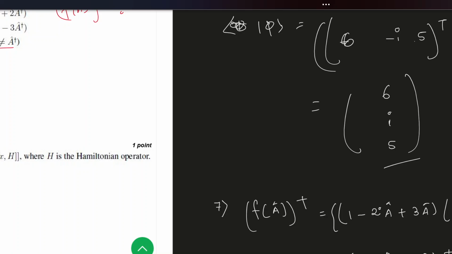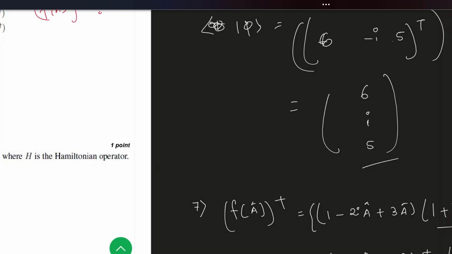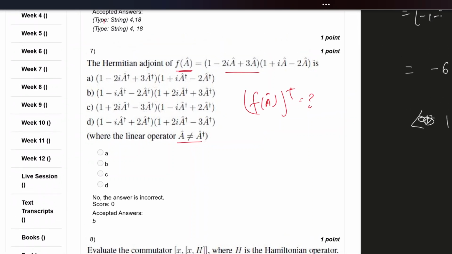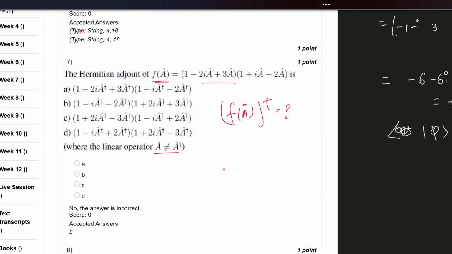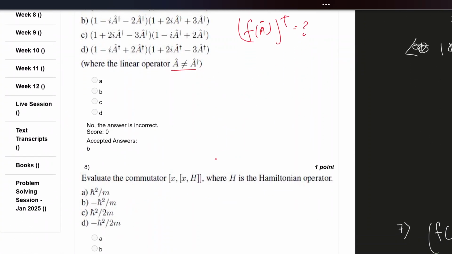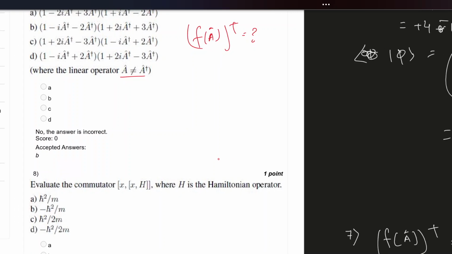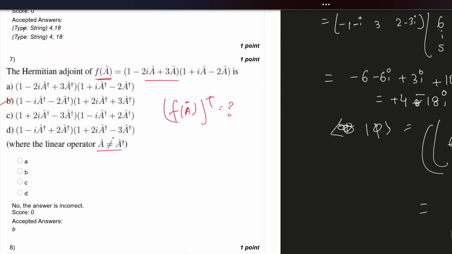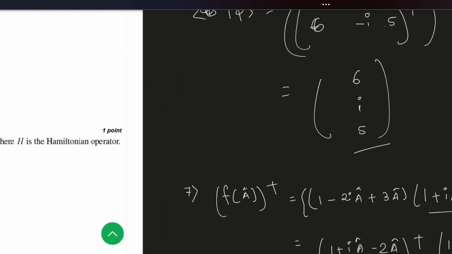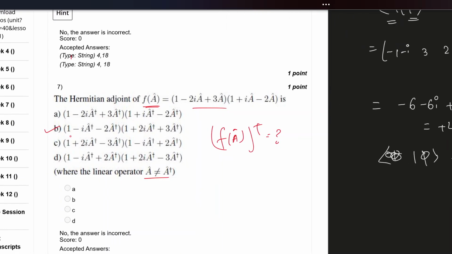The second term is 1 plus 2i A dagger plus 3 A dagger. So let us choose the correct answer: 1 minus i A dagger minus 2 A dagger, and 1 plus 2i A dagger plus 3 A dagger. So this is the correct answer.